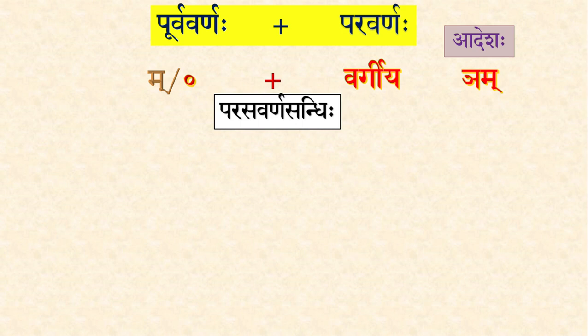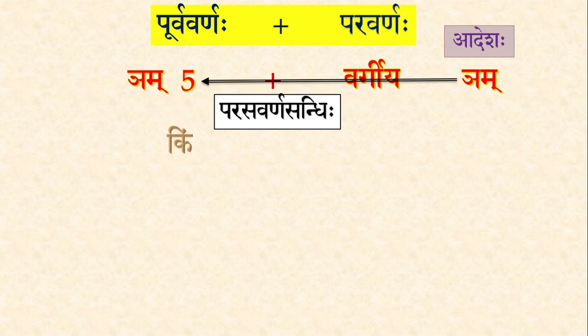In such a case, the letters from the Nyam family enter, and the Sandhi is called Parasavarna Sandhi. The letter from the Nyam family that enters must be the fifth letter from the same Varga to which the Vargiya Vyanjanam belongs to. This is the reason why the name Parasavarna Sandhi is given.